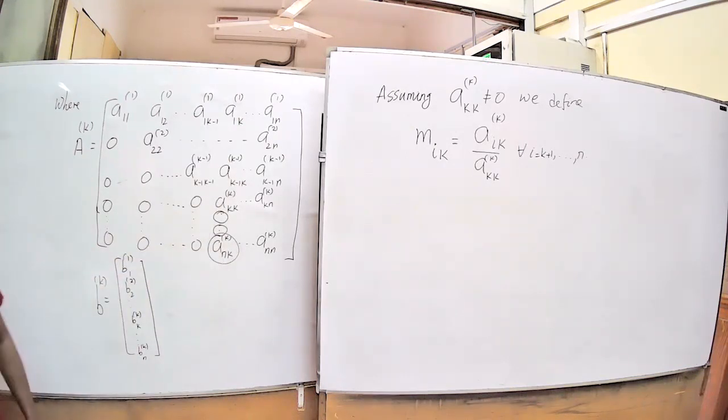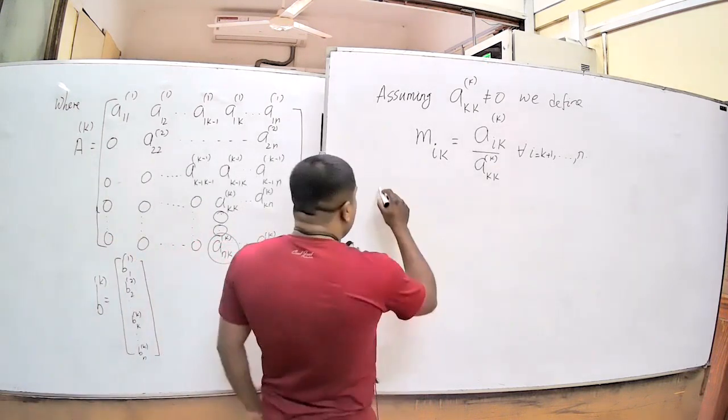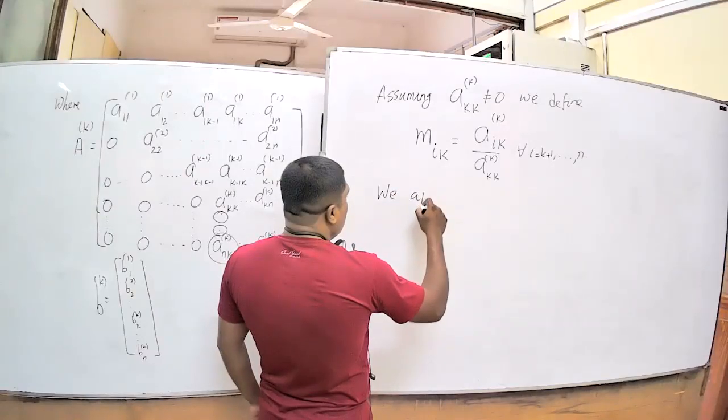We find multipliers m(ik), which is the corresponding component in the column divided by the diagonal term in that column, for all i running from k plus 1 up to n.